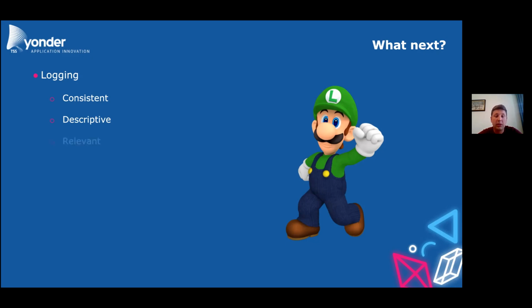Last but not least, it's very important to be relevant. It's not useful to log every instruction from your application, but it's very useful to identify the ones that matter and that are really important for your business, for your context.